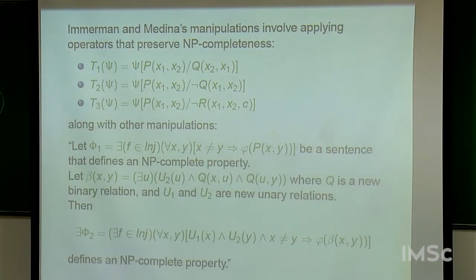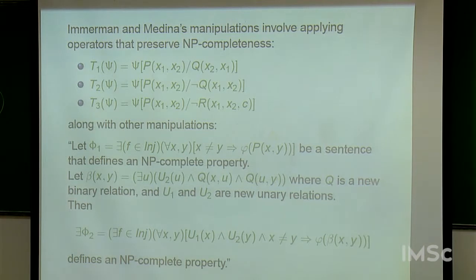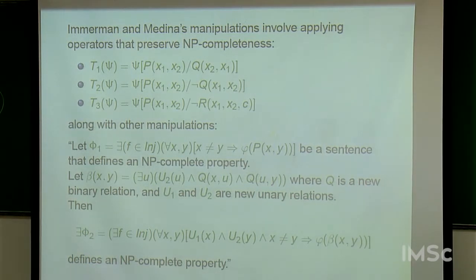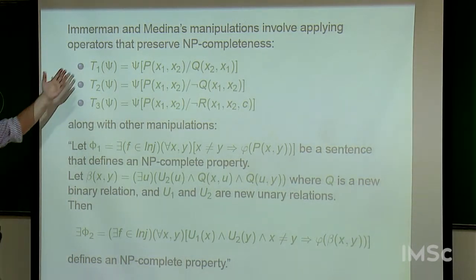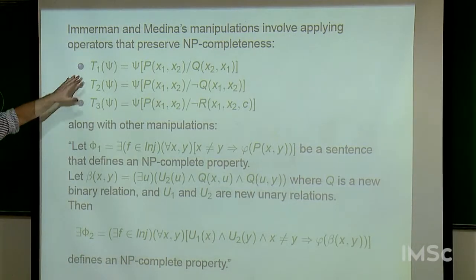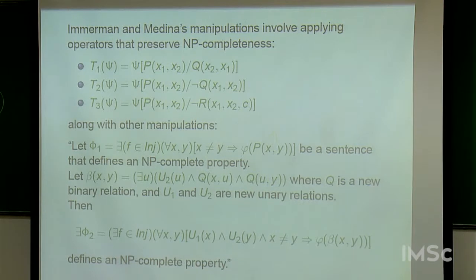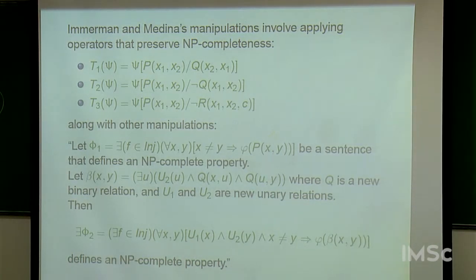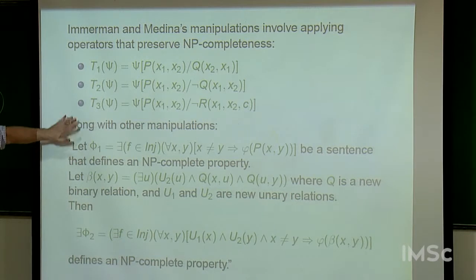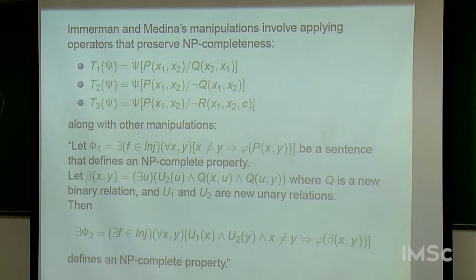And these are the sort of manipulations that they used to prove NP completeness. They had a lot of operators that preserve NP completeness. So all of these operations, when you apply them, if your problem's NP complete to start off with, then when you fiddled around with the formula, what remains will be an NP complete problem. And some of these manipulations are quite involved. But that's how it works.